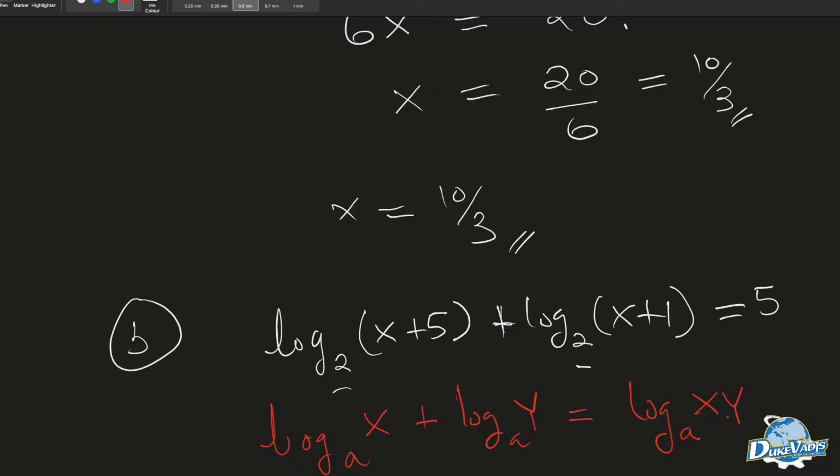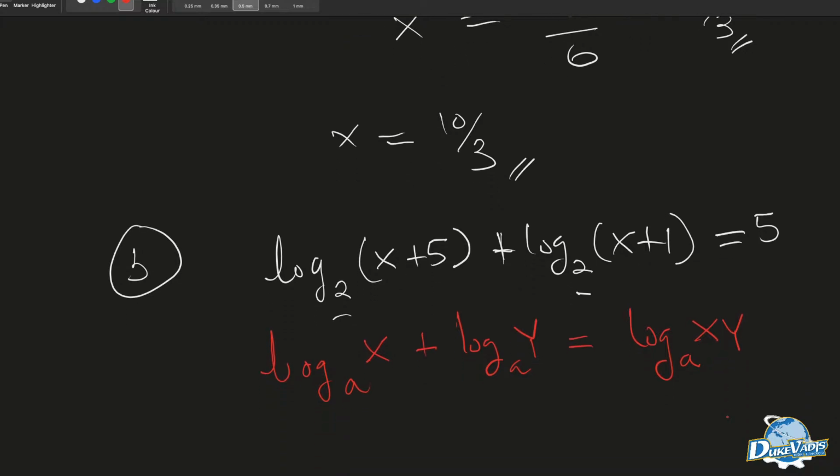So because of that, when we look at the left hand side of the equation, that says log to the base 2 of (x plus 5) plus log to the base 2 of (x plus 1) is equal to 5. Applying this principle of logarithm to this equation will make life easier.